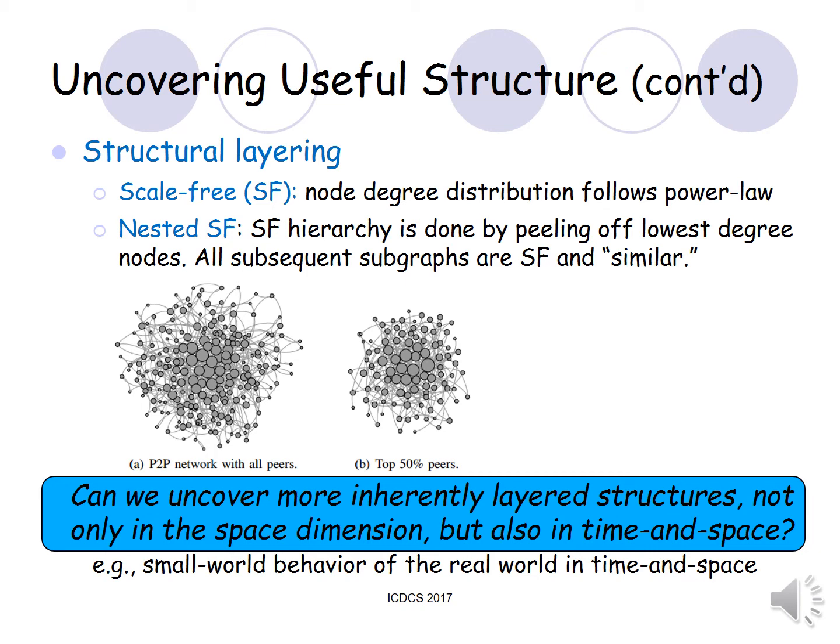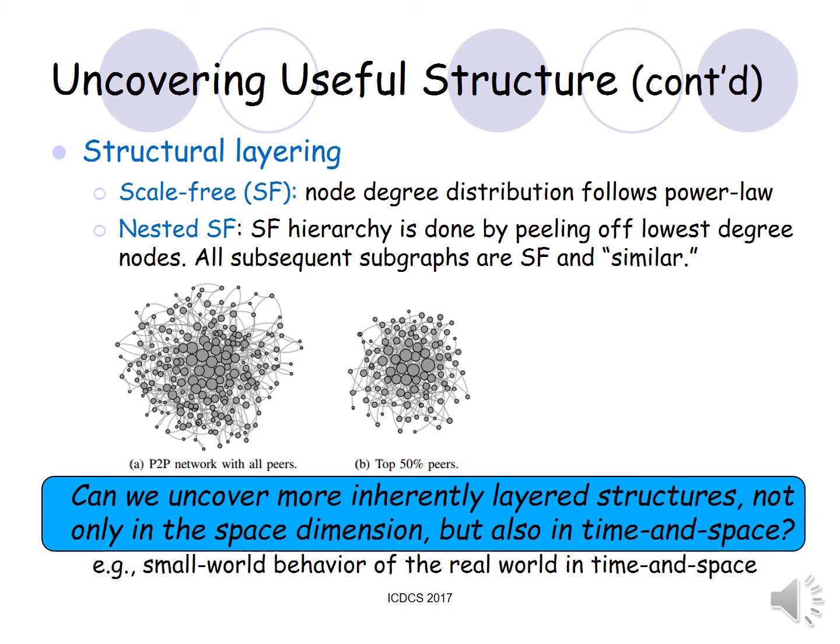And we found that in several applications, including Nutella, it satisfies not just scale free, but nested scale free. By nested scale free, we mean a scale free hierarchy obtained by peeling off the lowest node degree. Basically, it's a network in the diagram.